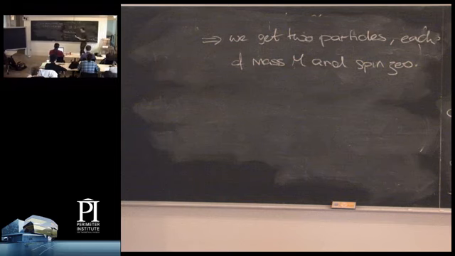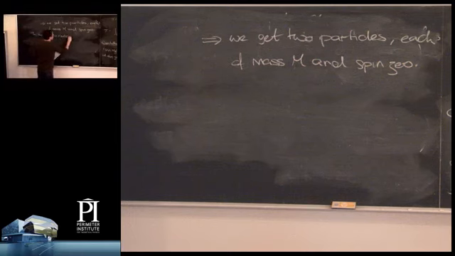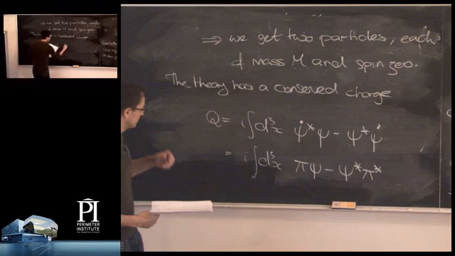So the reason I'm telling you this is because of this conserved charge. The theory has a conserved charge, which we worked out maybe yesterday, maybe the day before: psi minus psi star psi dot.